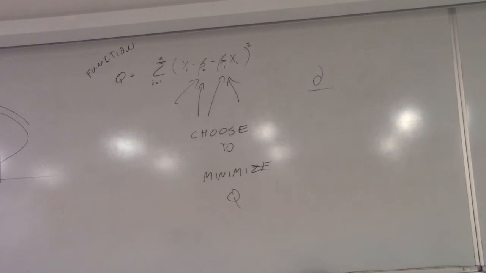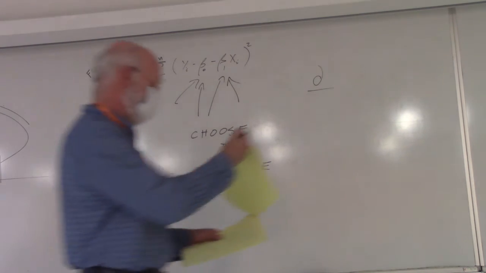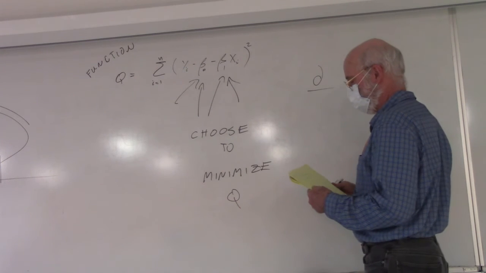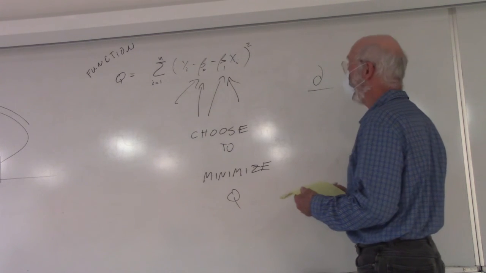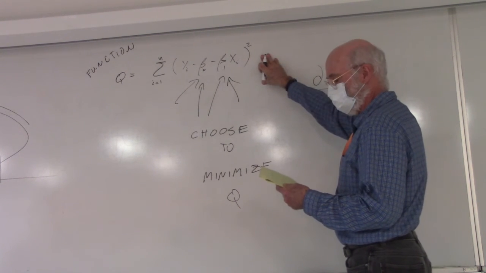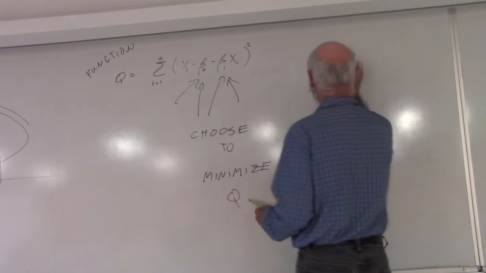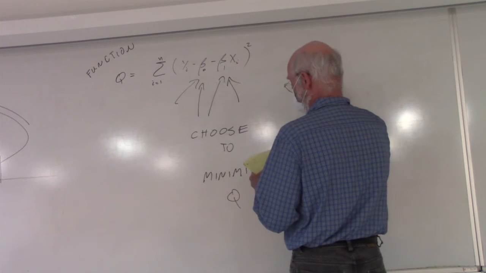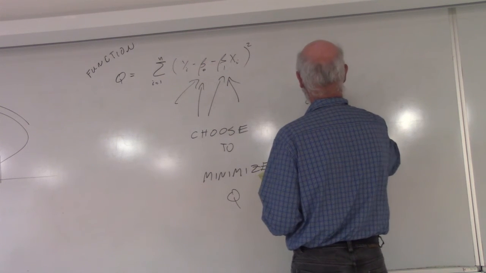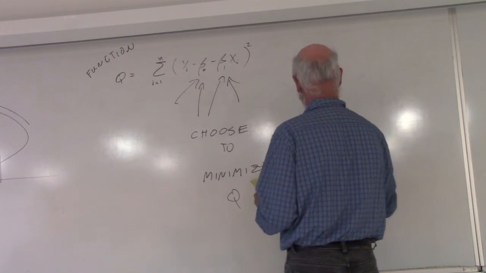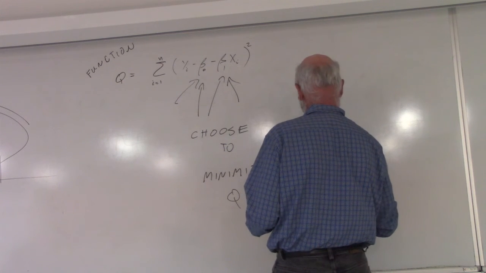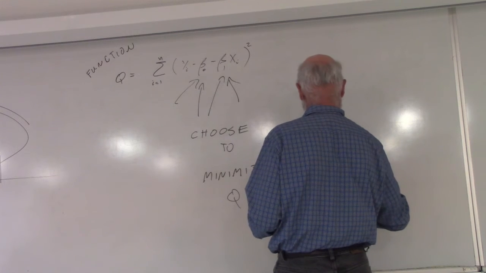Okay? That's easy. All we need to do is take the partial derivative of that function right there. We want the partial derivative of q with respect to beta 0, and we want the partial derivative of q with respect to beta 1.